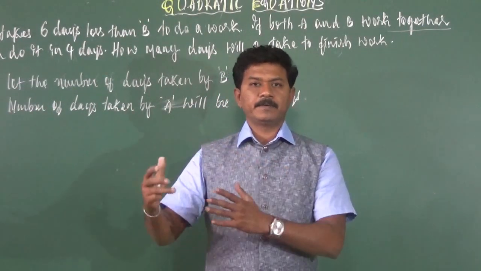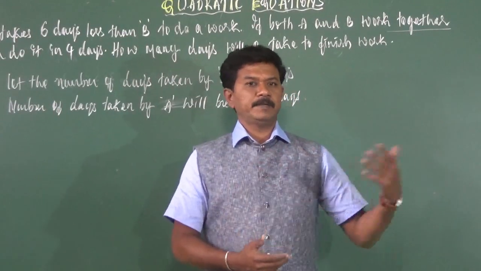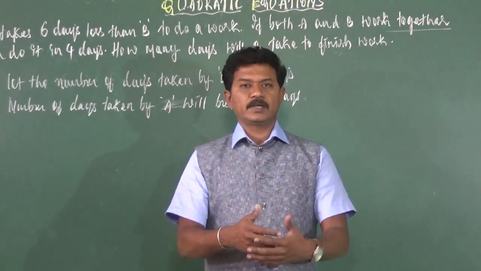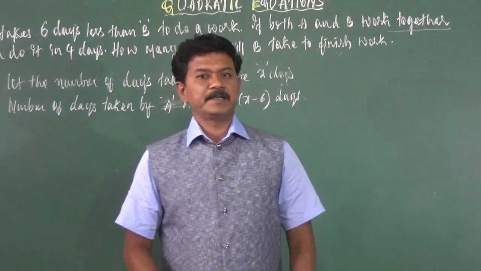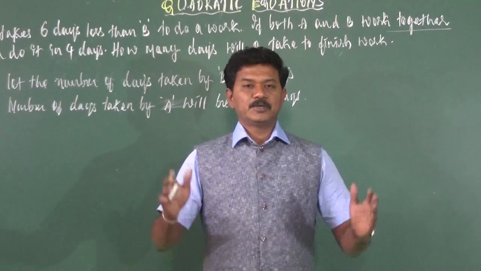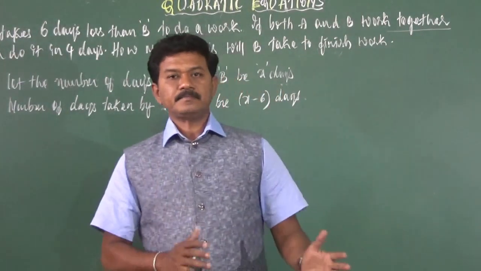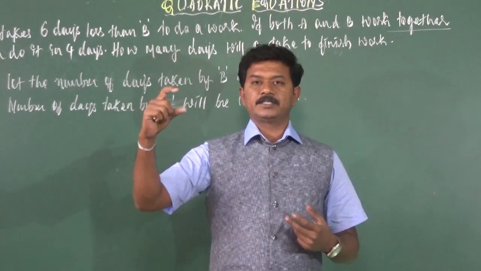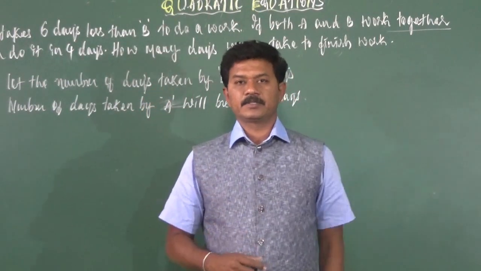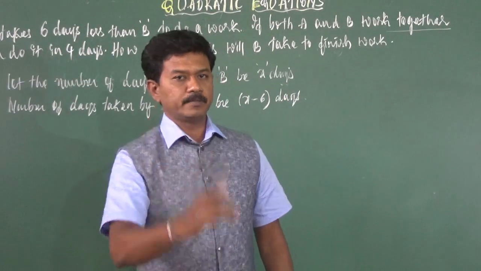Instead of the bigger pipe, A is there, and instead of the smaller pipe, B is there, and together they are working. So this is just a story change. I hope you caught it, right? This is such a simple thing. A and B are the 2 characters in that problem, a pipe with larger diameter and a pipe with smaller diameter were the 2 characters there. I hope you remember that.